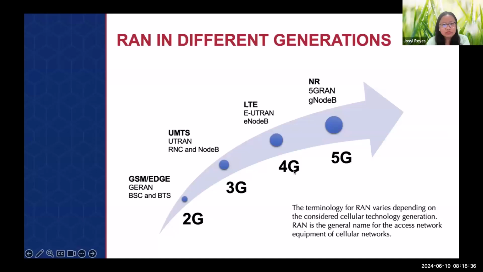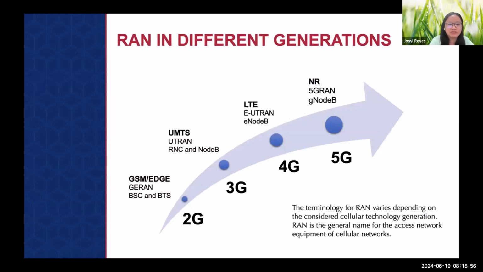Over different cellular generations, we have different names for the RAN, or the radio access network. Depending on the cellular generation, there's a specific name for this. Notice that over different generations, they usually require different devices.